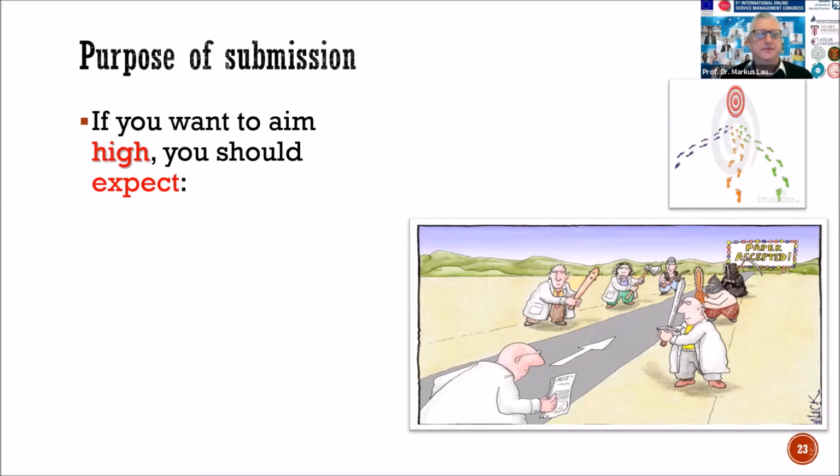If you want to aim high, like high impact factor journals, this is what we should expect: the higher the impact, the more rejections. If you look at the workshops conducted by the editors-in-chief and the editorials that they usually write, they said that they are receiving around 40 to 50 submissions per day.